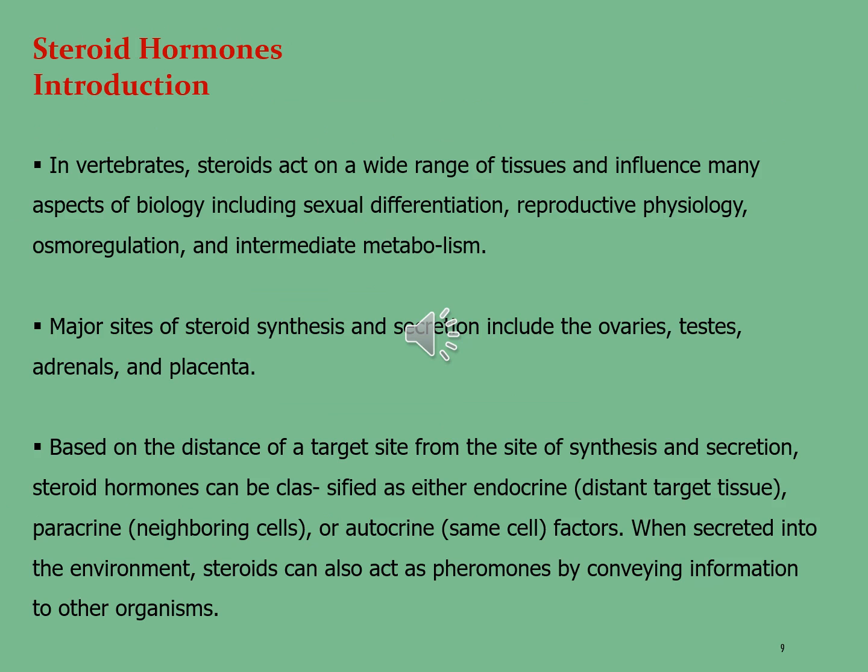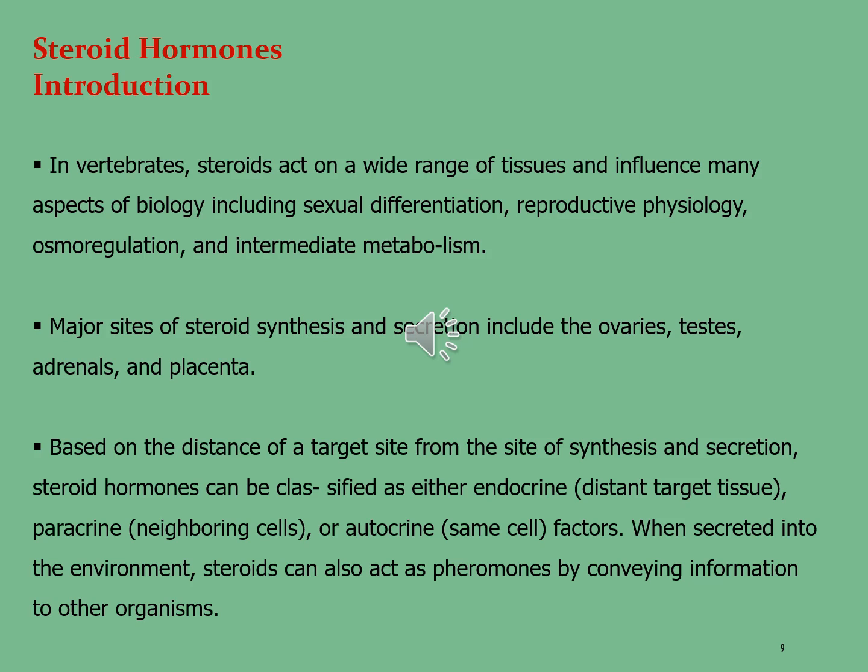In vertebrates, steroids act on a wide range of tissues and influence many aspects of biology including sexual differentiation, reproductive physiology, osmoregulation, and intermediate metabolism. Major sites of steroid synthesis and secretion include the ovaries, testes, adrenal, and placenta.